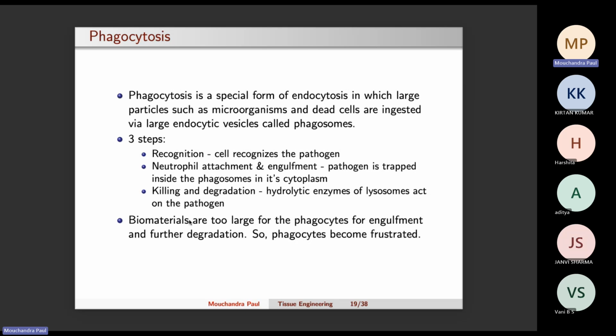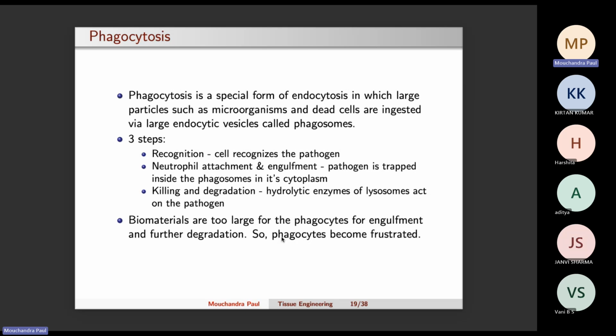Now note the biomaterials, or the biomaterial scaffolds that you will be making and subsequently implanting on an injured area. Those are foreign, right? So our body recognizes that as foreign. But these are very big for these phagocytic cells to engulf and further degrade.